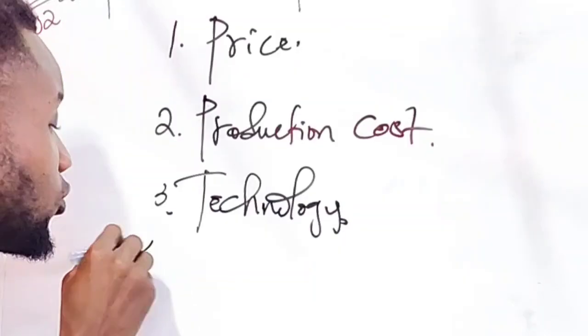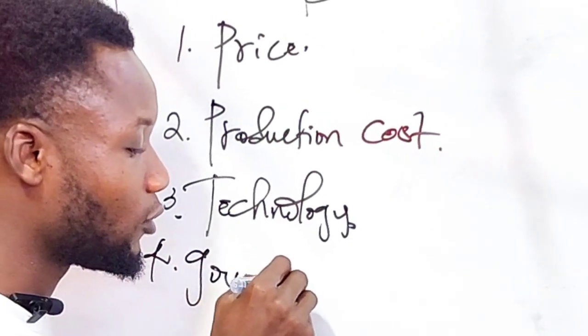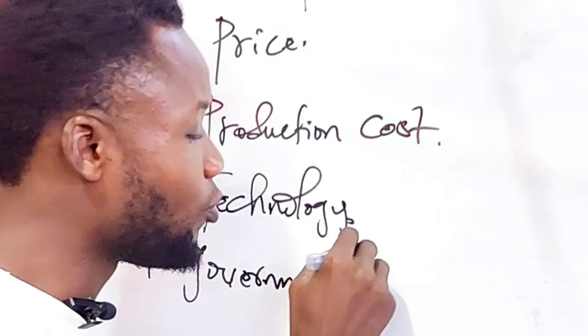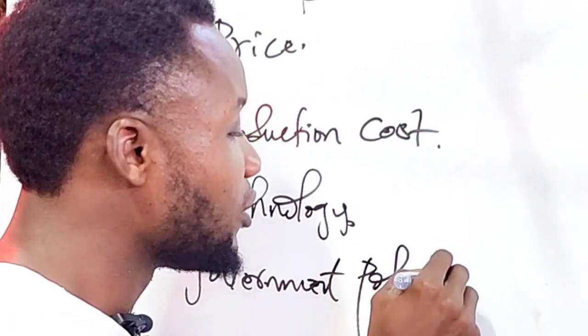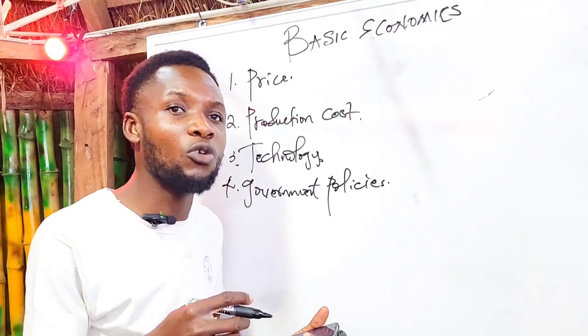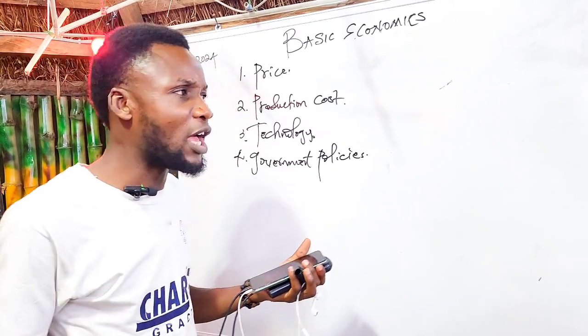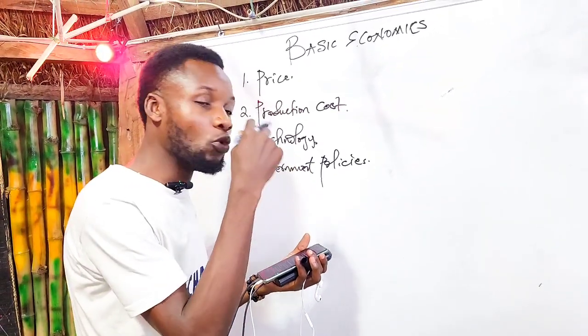The fourth one is policies. This means the decisions from government. It goes a long way to influence how demand and supply would be.